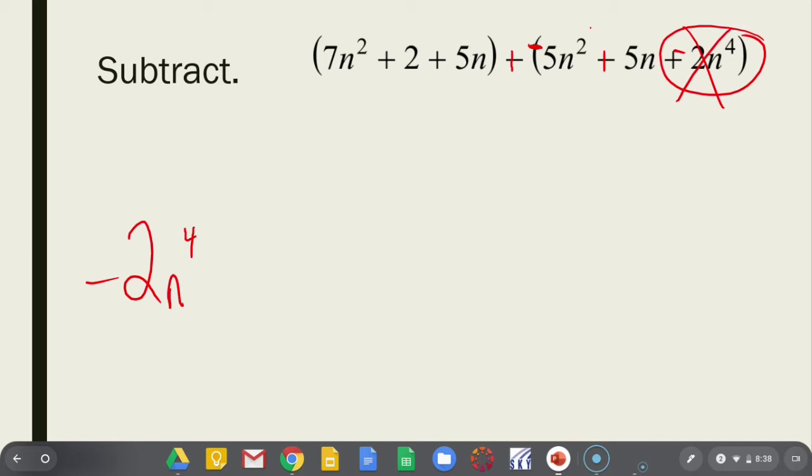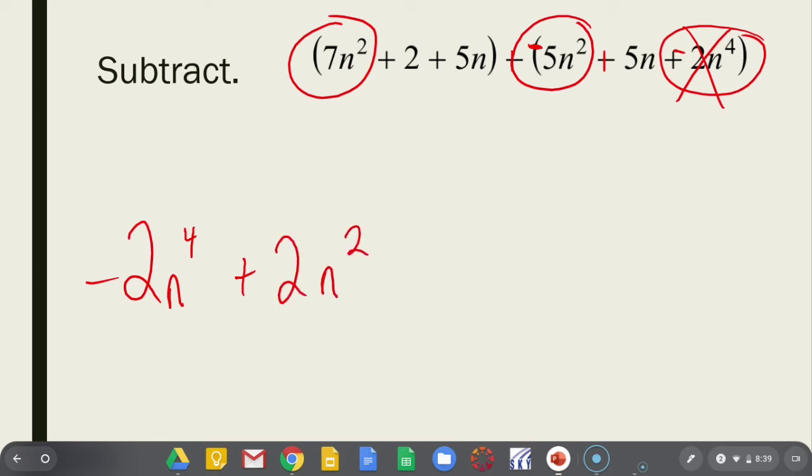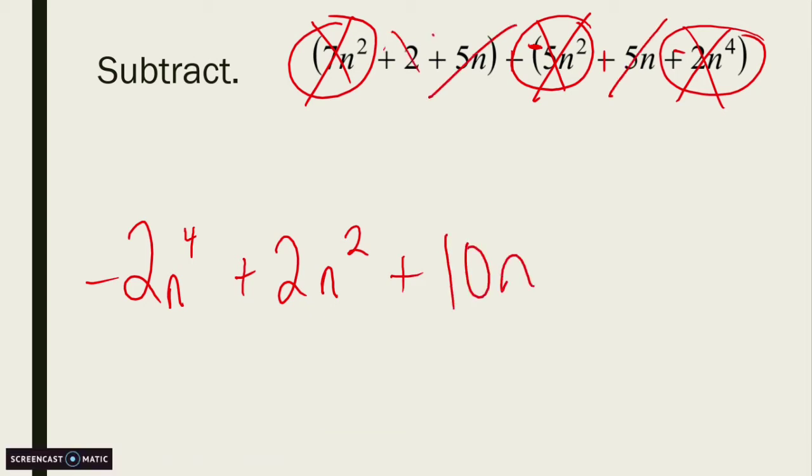Next highest exponent. There are two terms that have the squared term. We end up with 2n squared. Exponents do not change. We are not multiplying. 5n plus 5n is 10n. Plus 2.